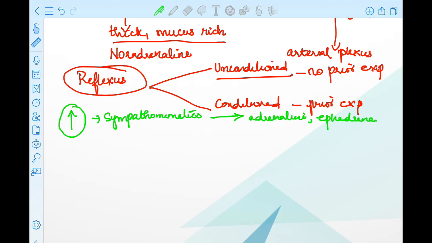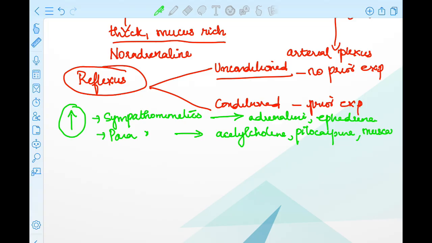So they can increase the salivary secretion. Then we have parasympathomimetics, and examples of these are acetylcholine, pilocarpine, muscarine, physostigmine, and another substance that increases salivary secretion is histamine.